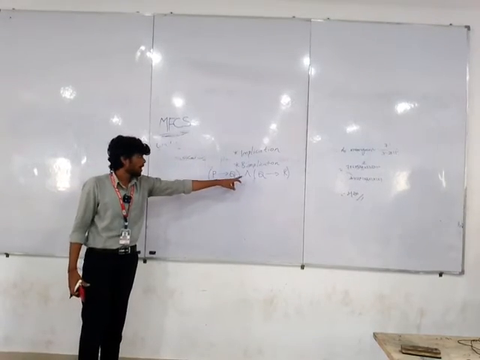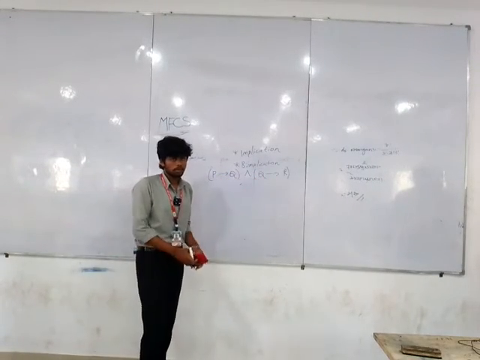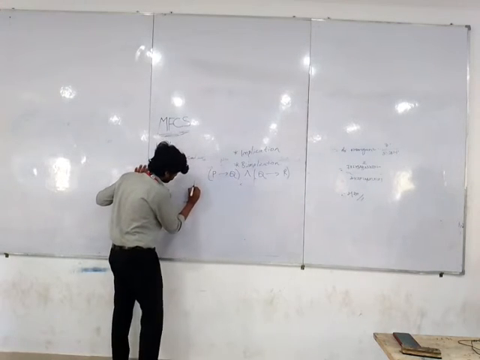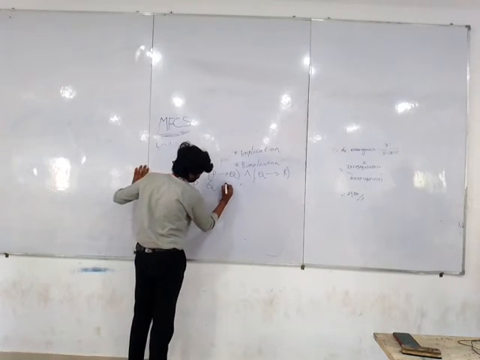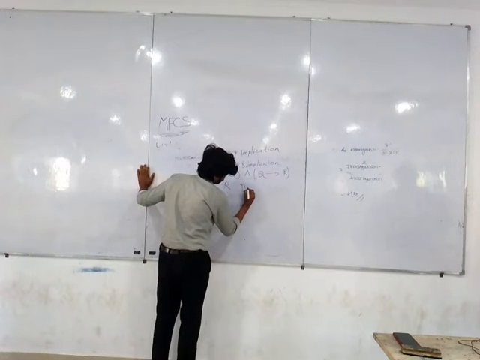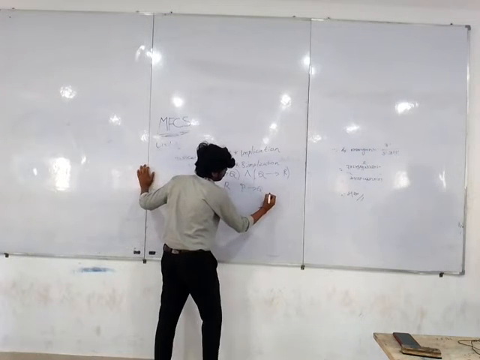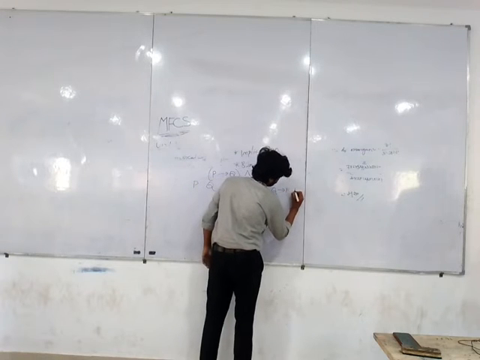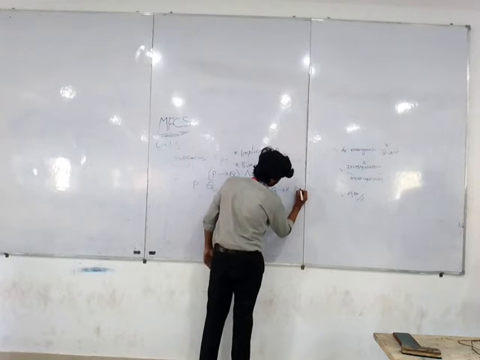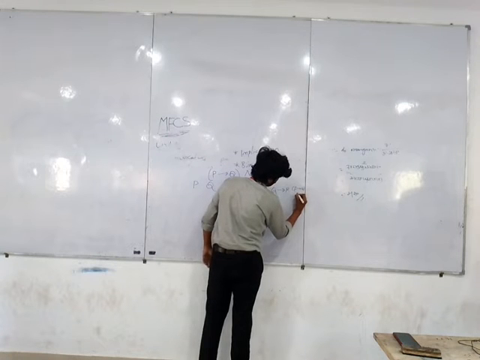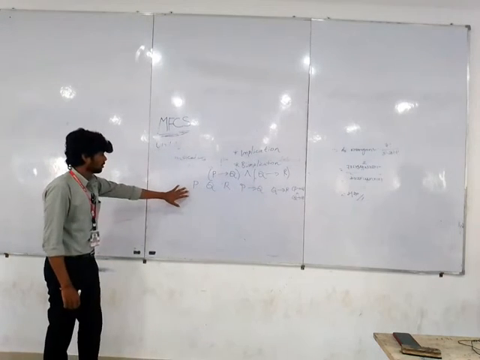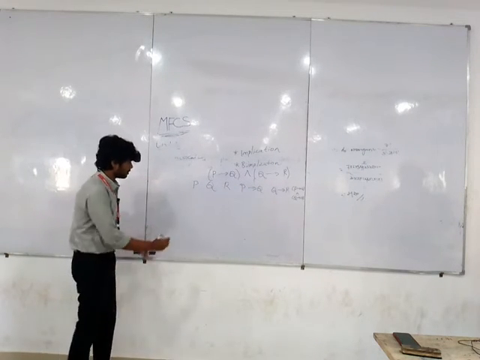P implies Q and Q implies R. So this was the question. Now I will solve that. P implies Q and Q implies R. So now I will write the statements.